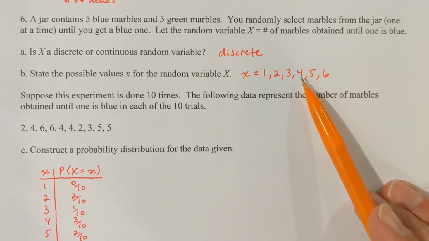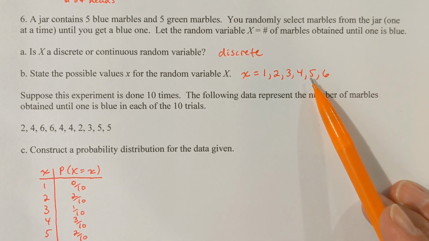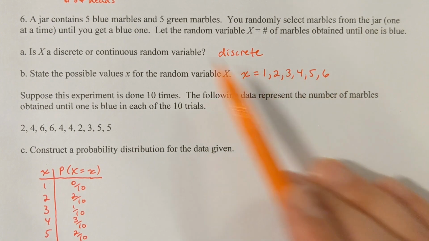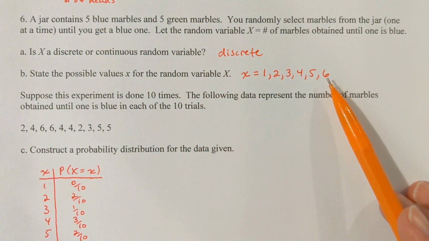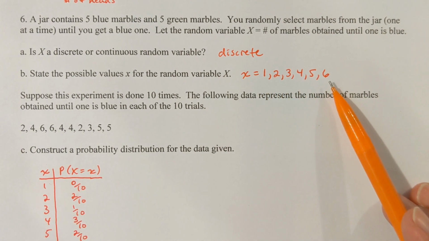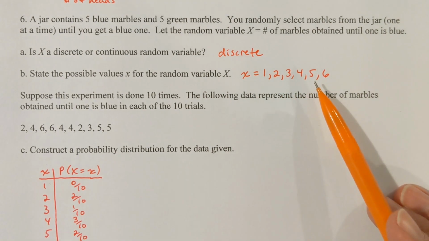Or maybe you don't see a blue one until the fourth selection or the fifth selection. Or it could be that you select all 5 green marbles, and since there are only blue marbles left in the jar, on the 6th marble selected it's going to be blue. So these counting number values would represent the values of the variable.